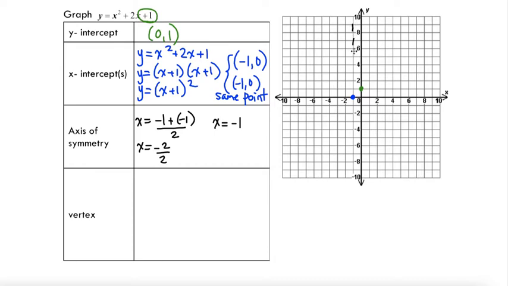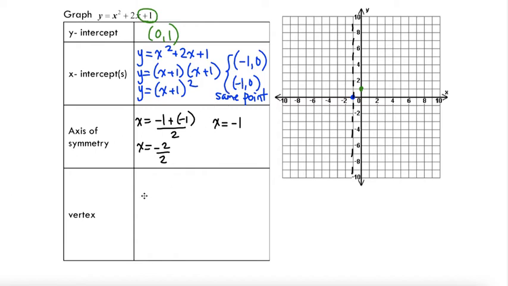So my axis of symmetry goes right through my x-intercept. So when you have only one x-intercept, your axis of symmetry will go right through the x-intercept.